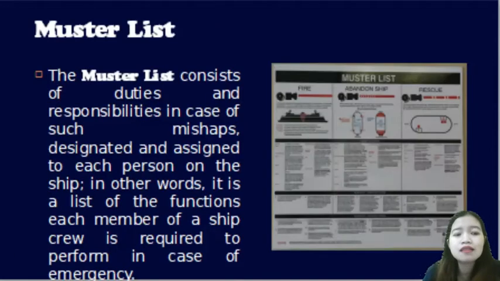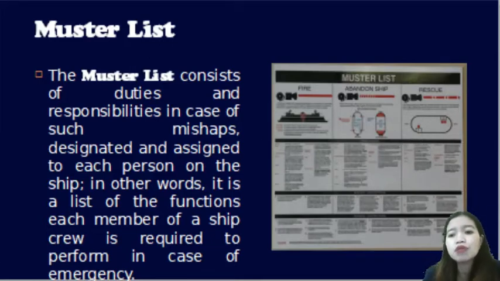Next, the muster list. The muster list consists of duties and responsibilities in case of such mishaps, designated and assigned to each person on the ship. In other words, it is a list of the functions each member of a ship crew is required to perform in case of emergency. Dito sa muster list na to, here is the example.